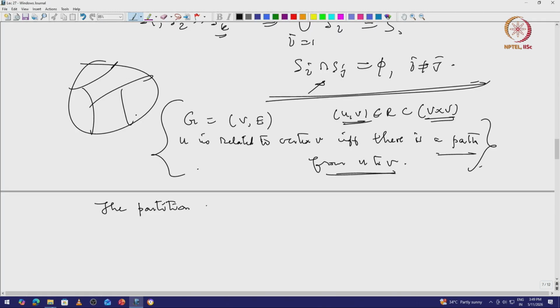The partition induced by the above relation is called connected components.